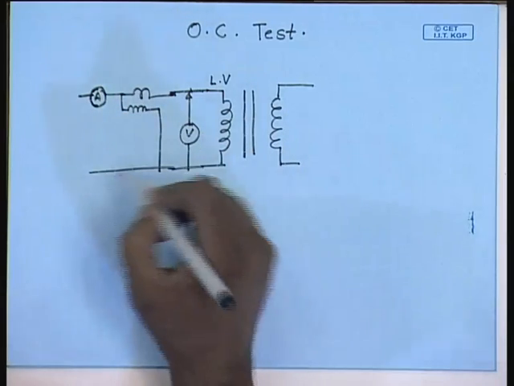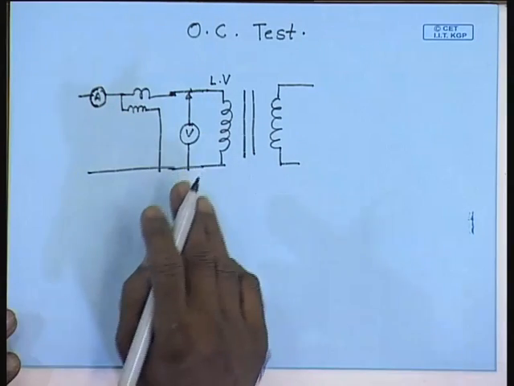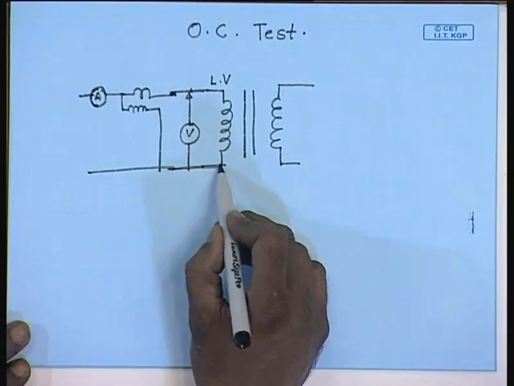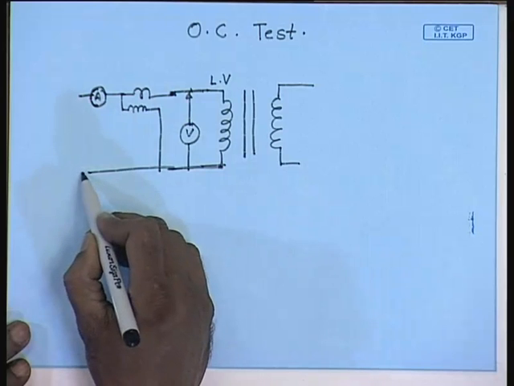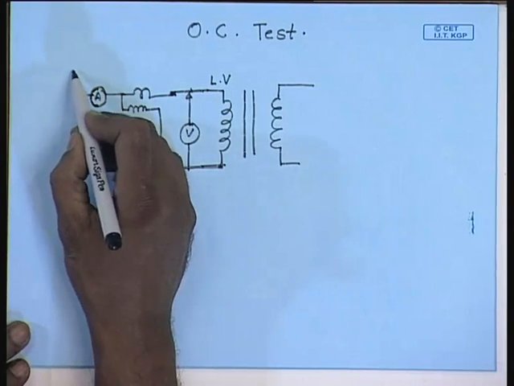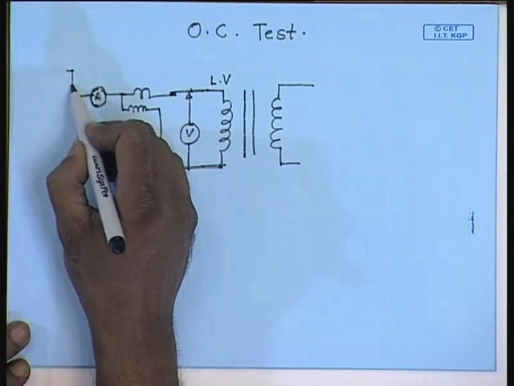Since open circuit tests are done at rated voltage, it could have been directly connected to the source, but the voltage rating of the LV side may not exactly match with the voltage available. Therefore, here also normally a variac will be used.